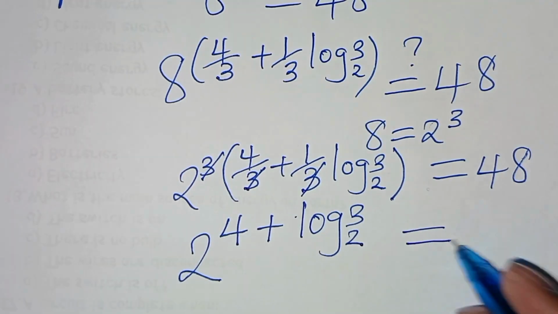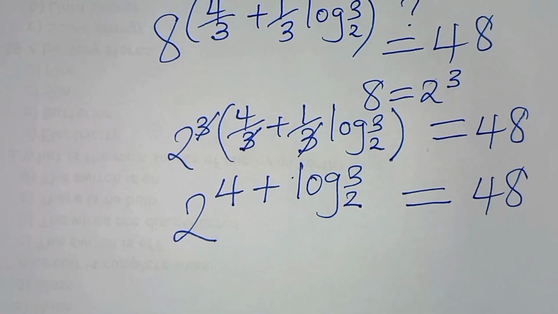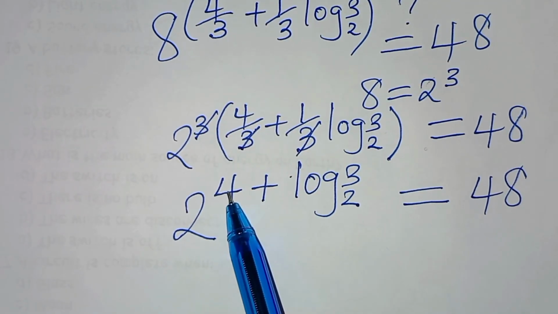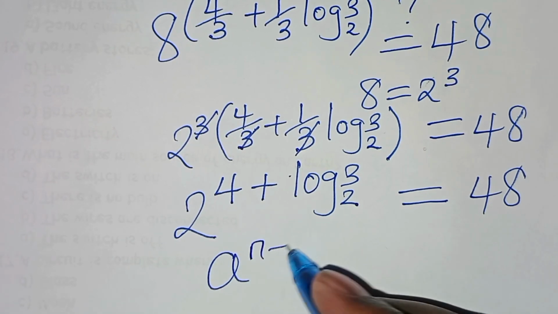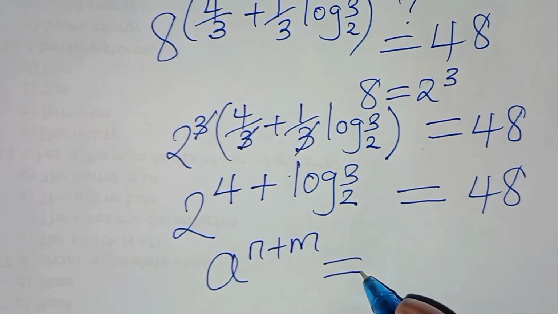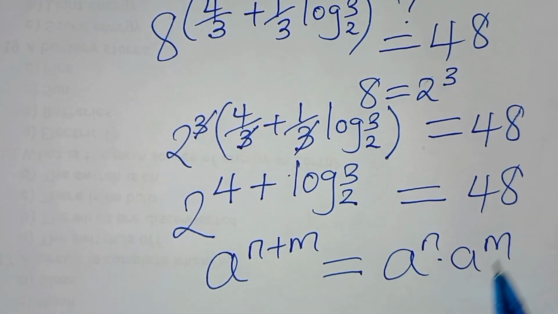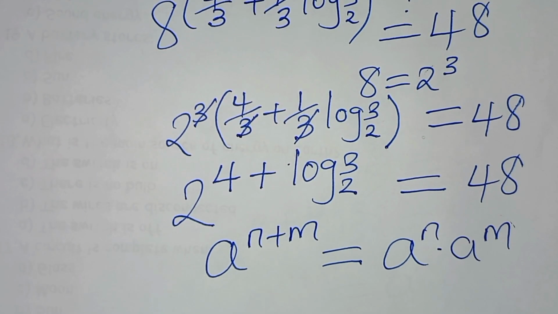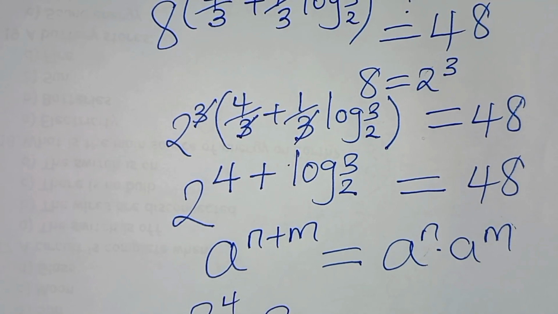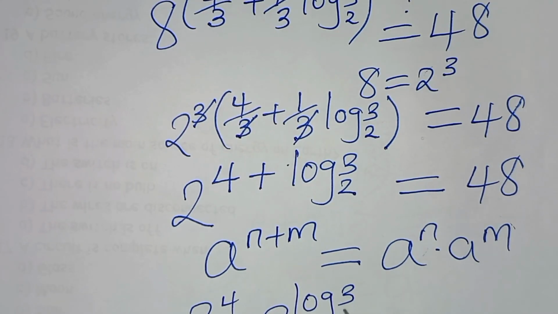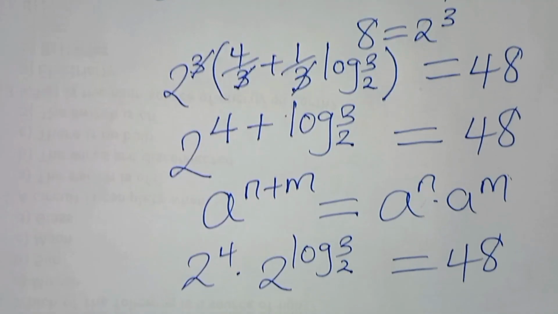So the next step: 2 to the power 4 plus log 3 to base 2 is in the form of a to the power n plus m, which we can express as a to the power n times a to the power m. Applying this exponent property, we'll have 2 to the power 4 multiplied by 2 to the power log 3 to base 2.